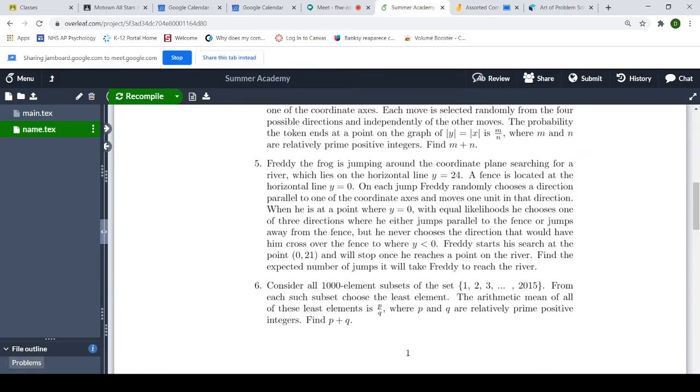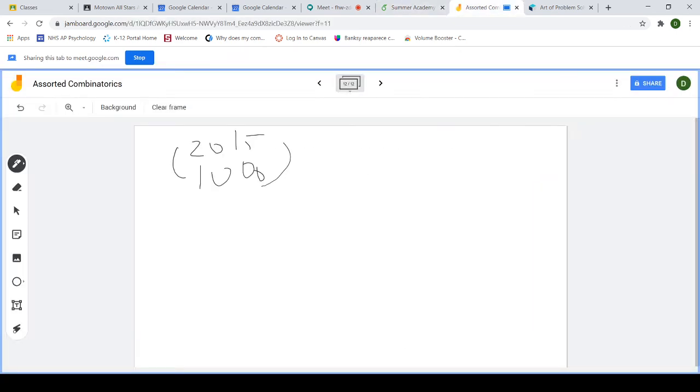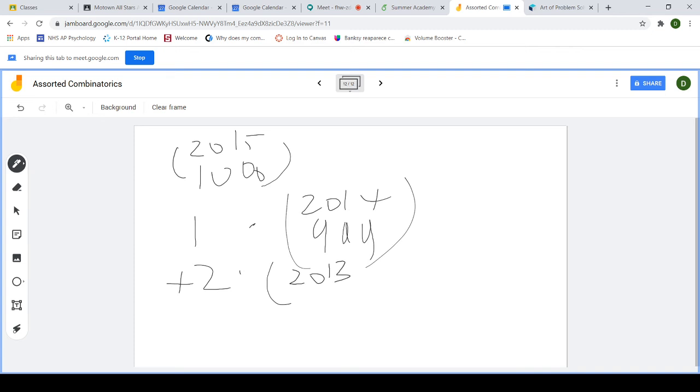The number of ways such that 1 is the least element is we choose 1 and then we choose 999 from the remaining elements. And the number of ways such that 2 is the least element is we choose 2 and then we choose 999 elements from the remaining 2013 elements.